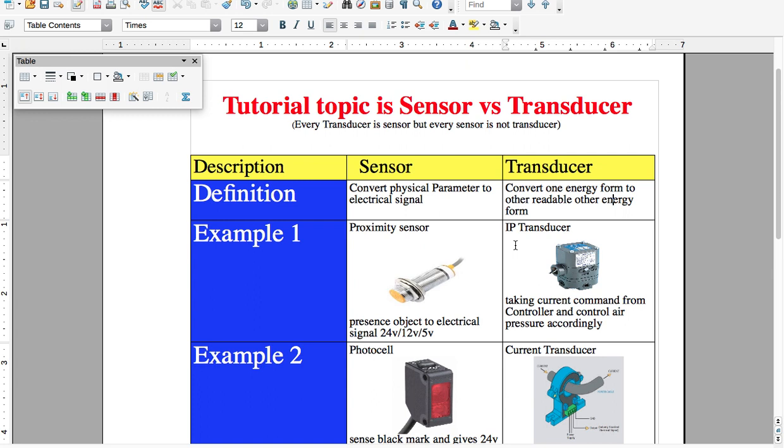For example, 2 milliampere is equal to 1 bar. This is just an example, but mostly it follows standard values between current and pressure, approximately.